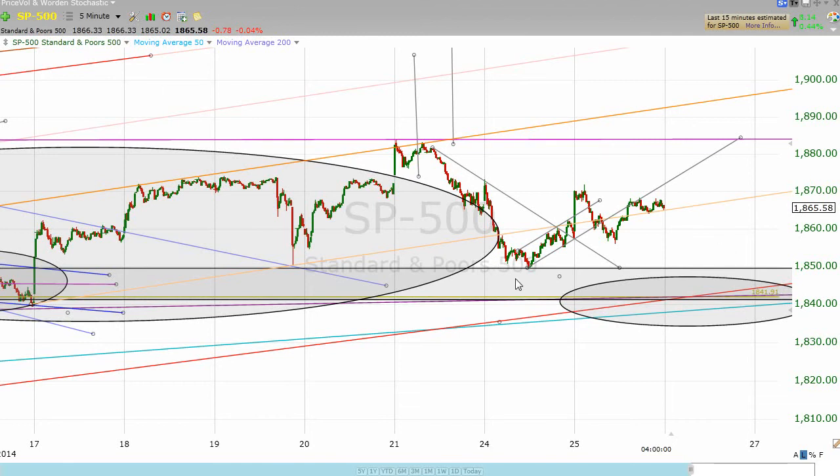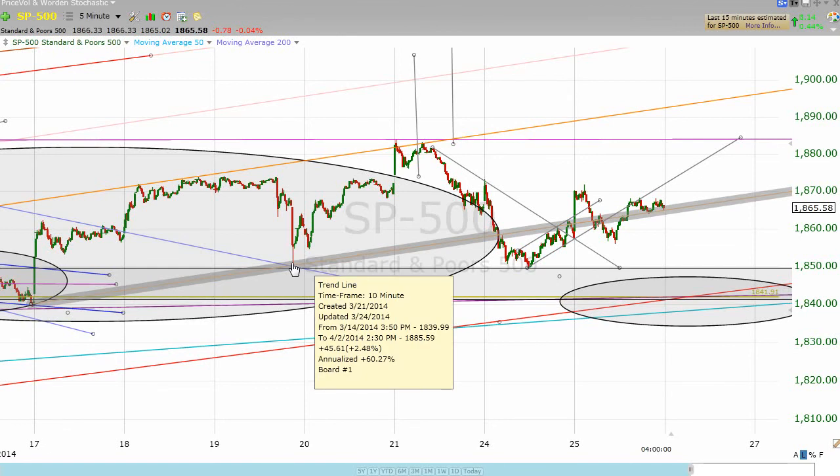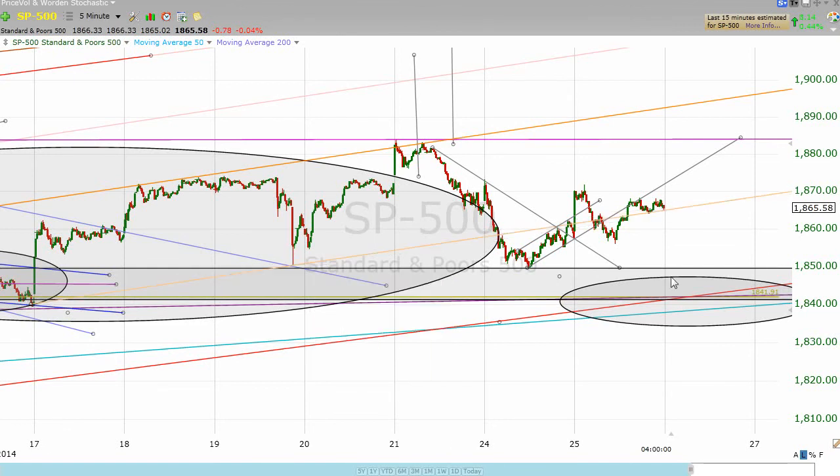Got a nice bounce on 1850 yesterday, got a nice bounce on 1850 on the 19th, but still the reasons for expecting support down here are not as well lined up as those last two bounces. So I'm going to keep that as a support range.